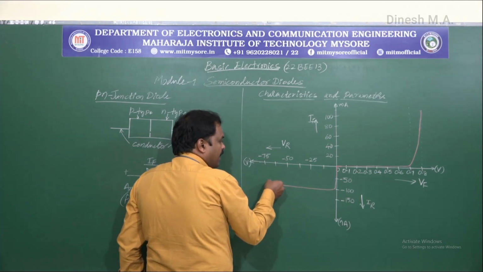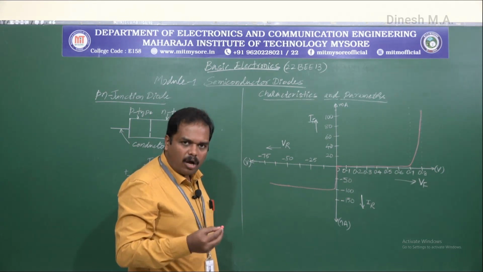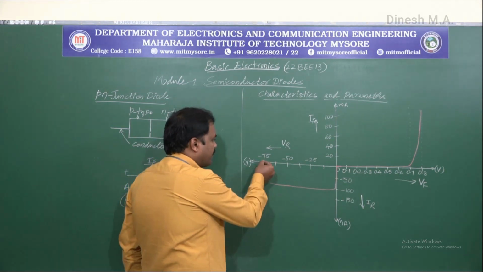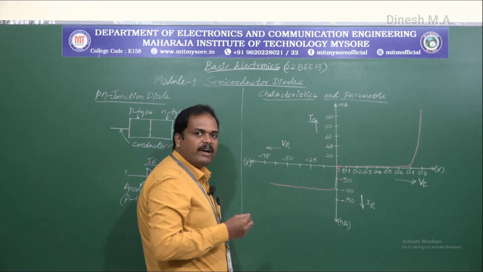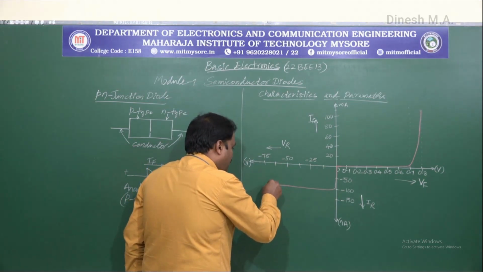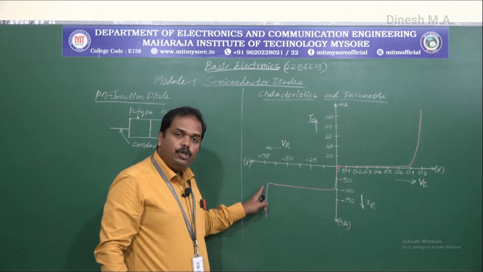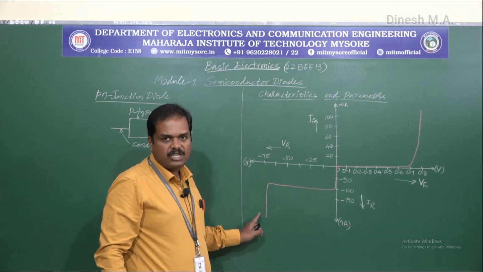And when the reverse voltage crosses a particular point, say for example minus 75 volts, typically the junction is said to be broken and there will be a huge current flowing through the junction.